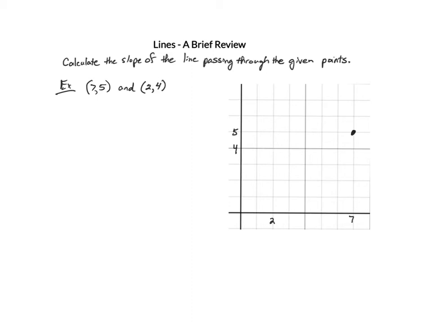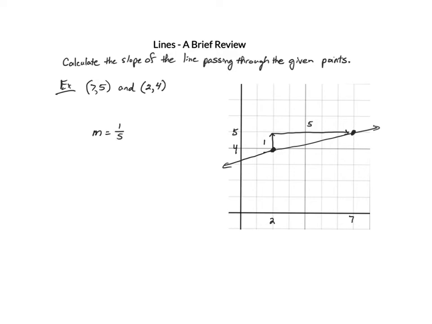I could just draw a quick sketch going through those 2 points. And then I could calculate my slope by just counting my rise over my run. And I would see that the slope for this line is 1/5.